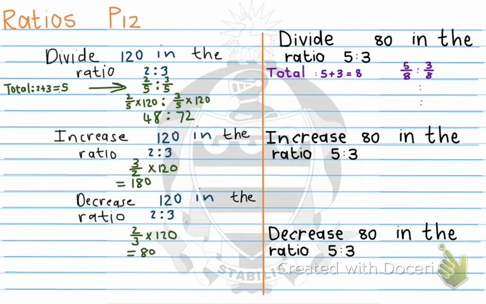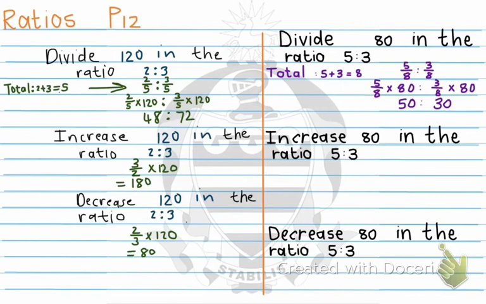Okay, so let's look how much it is. 5/8 of 80, that of means I should multiply, and that I can work out with my calculator, gives me an answer of 50. And then, what is the value of 3/8 of 80? That of changed to a multiplication, and if you work that out with your calculator, you get 30. So if I have to divide 80 into the ratio 5:3, the answer will be 50:30.